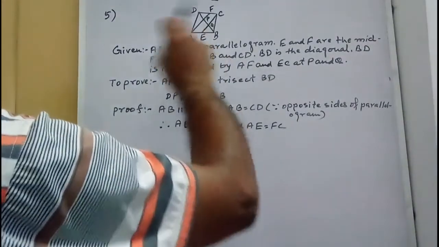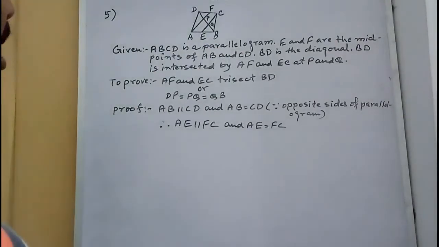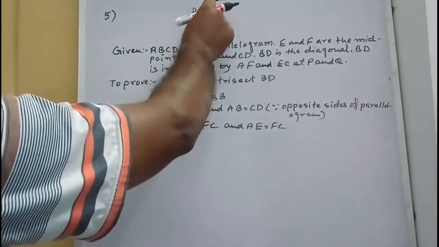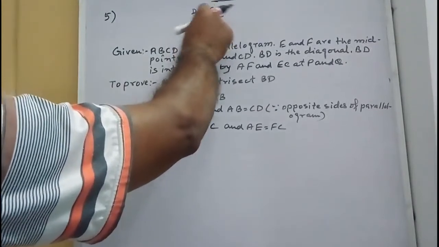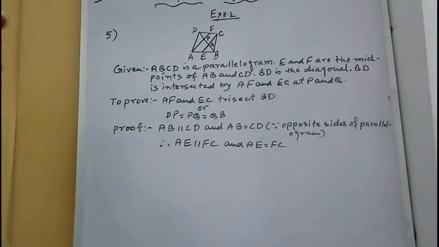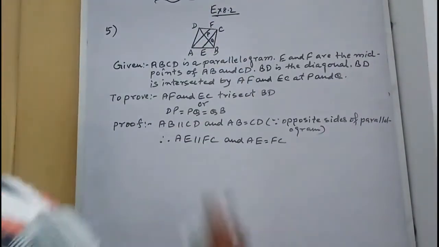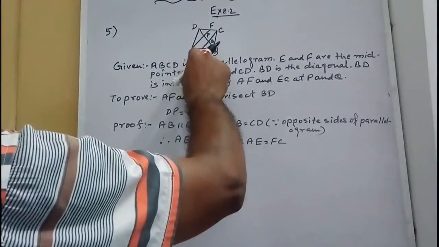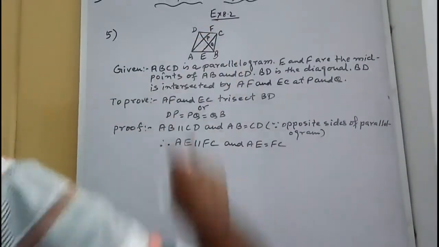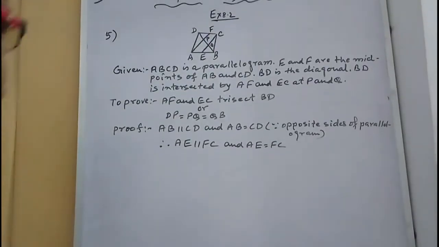As E is the midpoint of AB, so half of AB is also parallel to half of CD, because F is the midpoint of CD. Therefore AE is parallel to FC and AE is equal to FC.